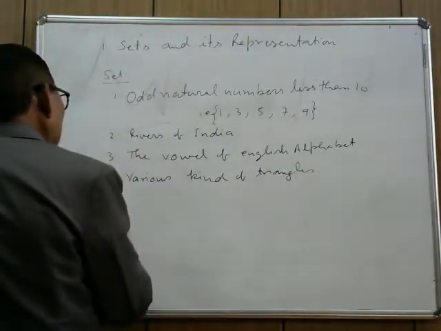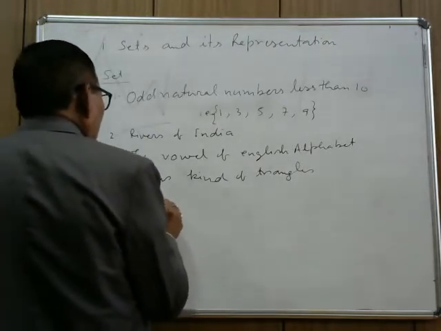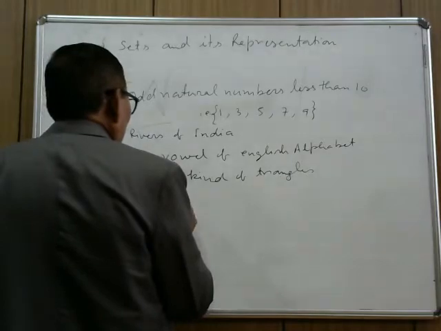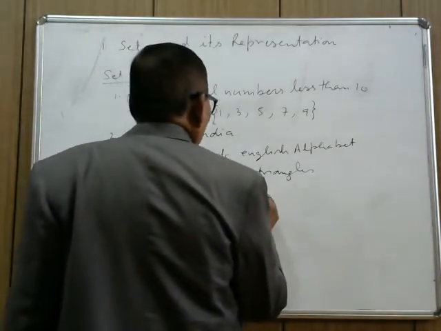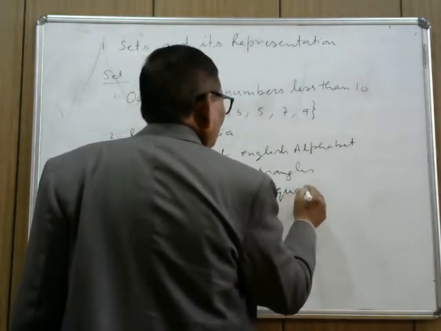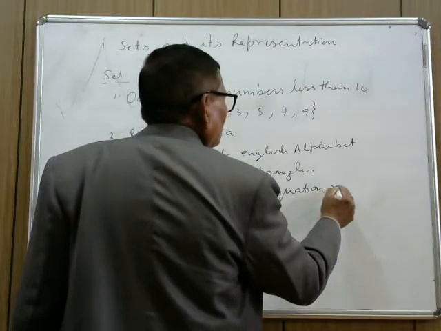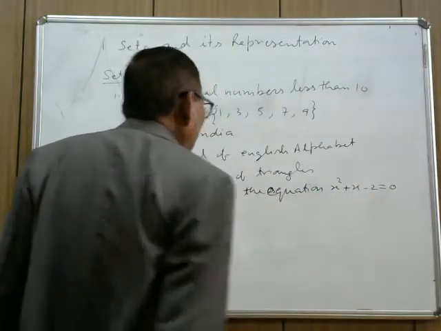Fifth, the solution set of the equation x square plus x minus 2 equal to 0.